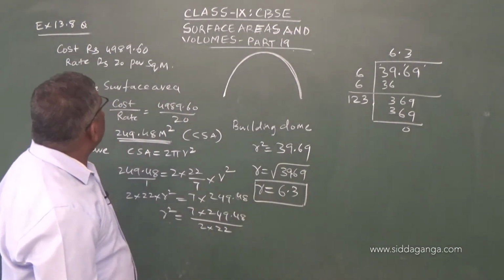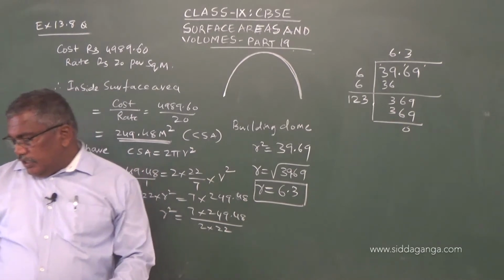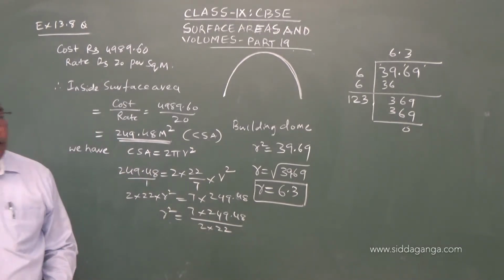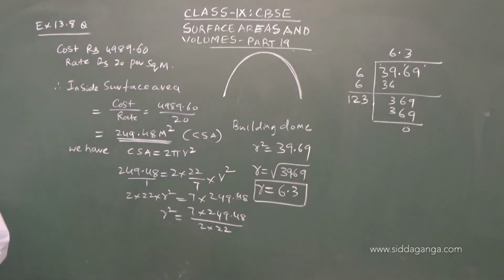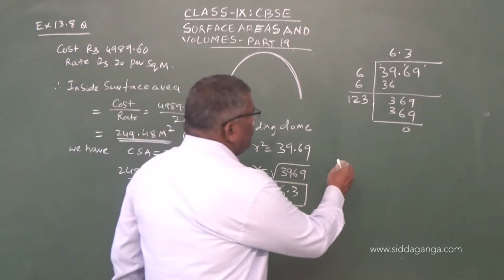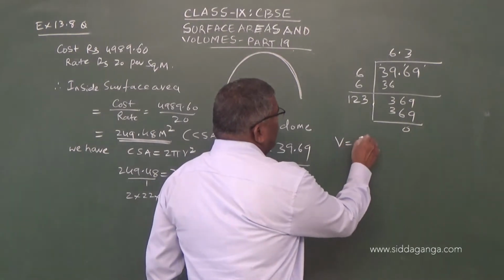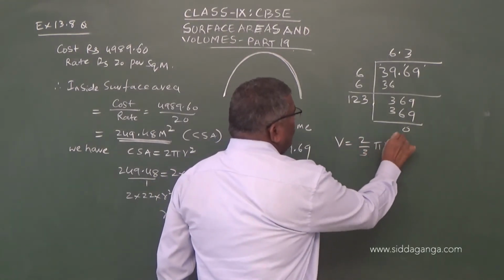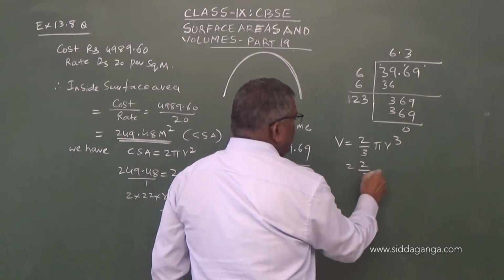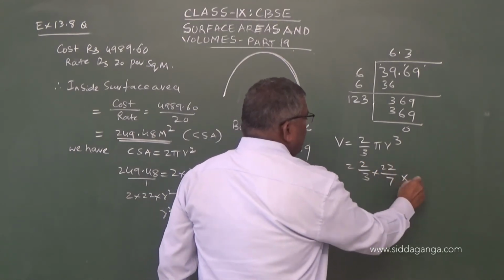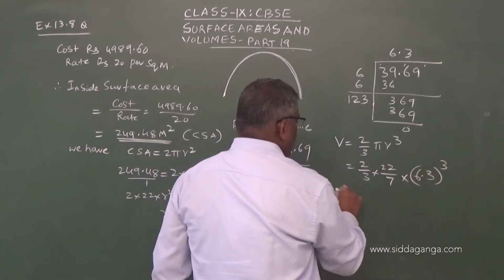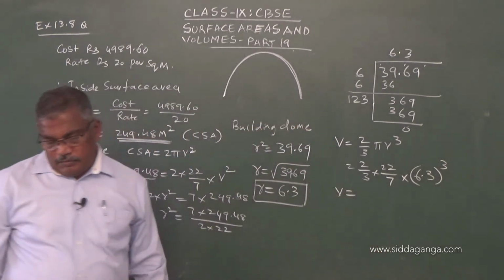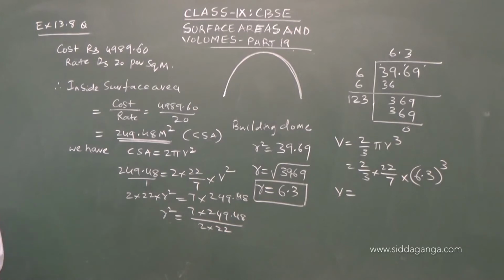When you know the radius, we calculate the volume of air inside the dome. For a hemispherical dome, volume is given by 2 by 3 pi r cube. So 2 by 3 into 22 by 7 into 6.3 whole cube.